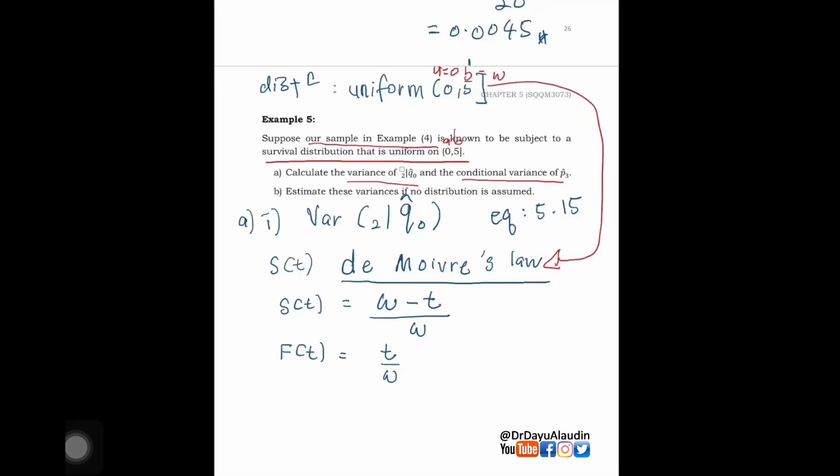So for this case, t is 2. We have to find S2.